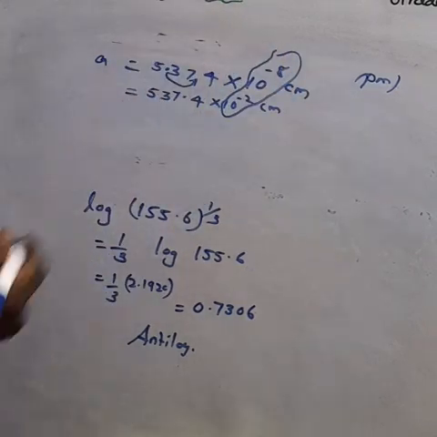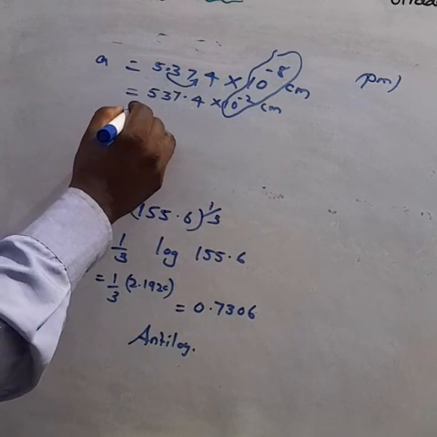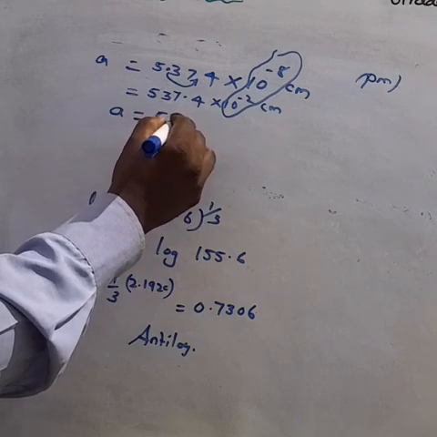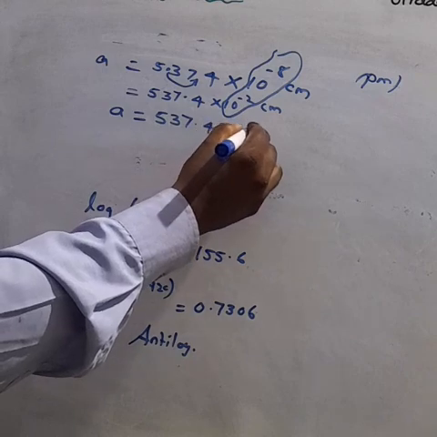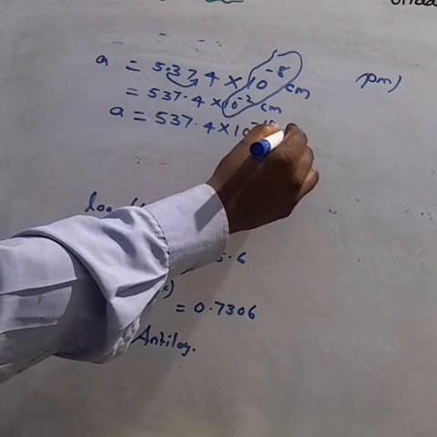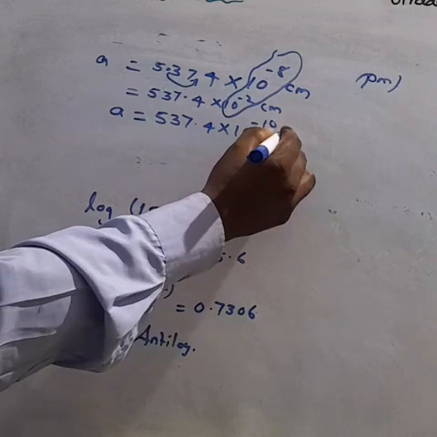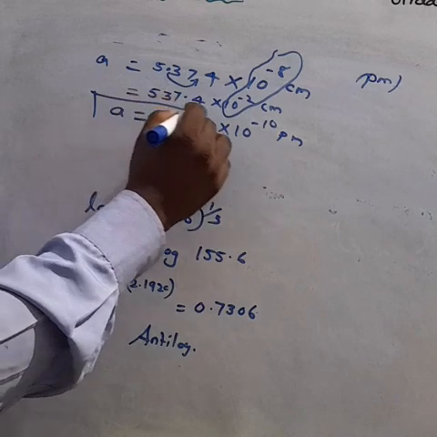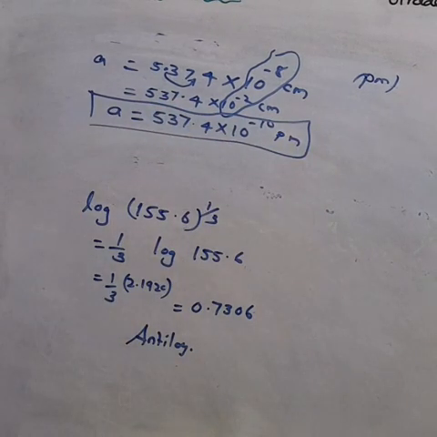So we can write A is equal to 537.4 into 10 raised to minus 10 picometer.